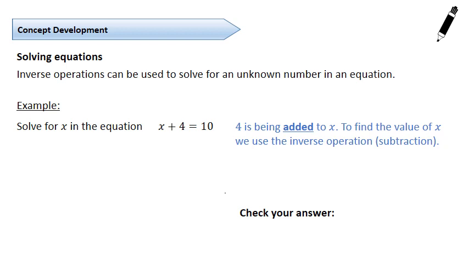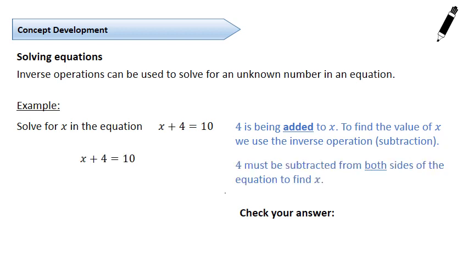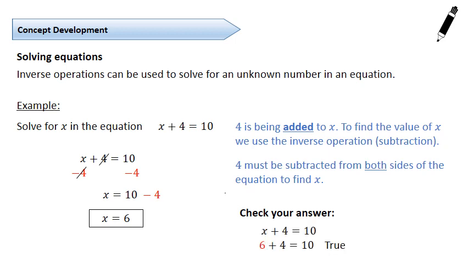So remember, the inverse to plus is minus, so we're going to minus 4 from both sides, which will give us x equals 6. Okay, and it's always good practice to chuck your number back in. So x equals 6. So where we have x, put in a 6. Does 6 plus 4 equal 10? If it does, then you're correct.